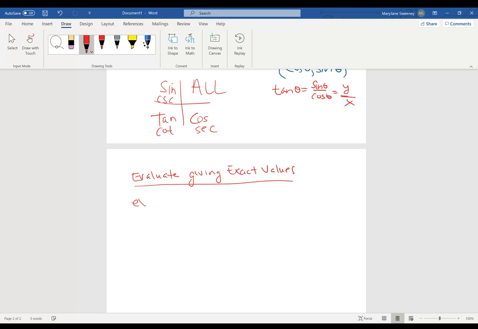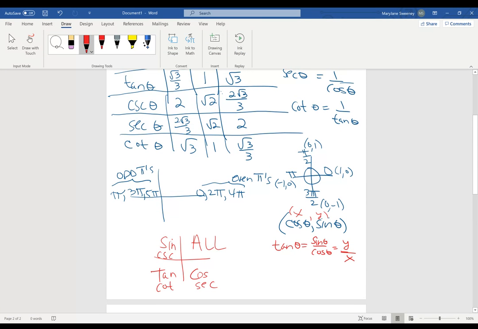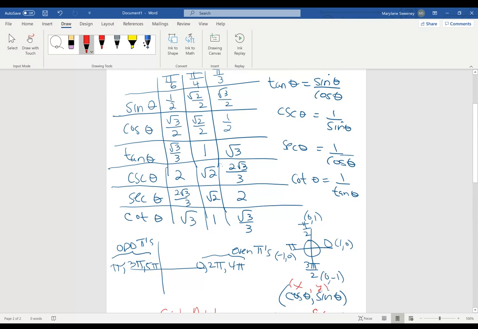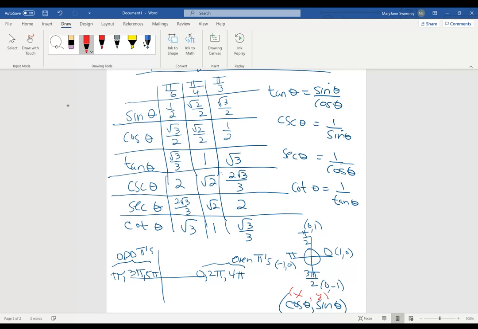Okay, so for example, if we're evaluating sine of 2 pi over 3, what I do is I go back to my chart and I say, okay, what's sine of pi over 3? Sine of pi over 3, we're right here, radical 3 over 2.